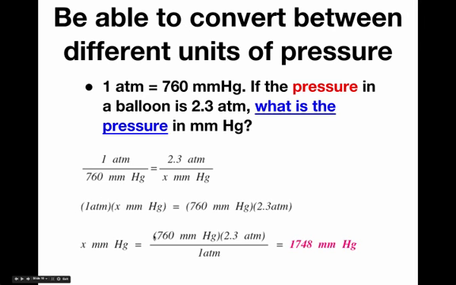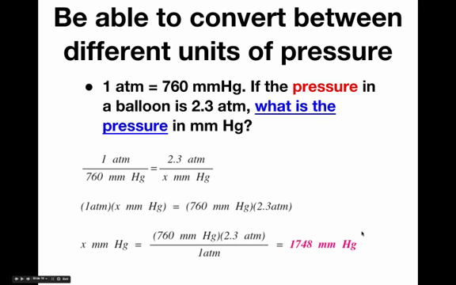When we divide both sides by 1 atmosphere, we get x is equal to 760 times 2.3 divided by 1 atmosphere. So the atmospheres cancel. This atmosphere in the numerator cancels the atmosphere in the denominator. 760 times 2.3 divided by 1 is 1,748 millimeters of mercury.